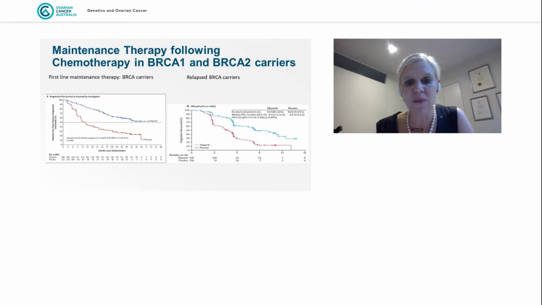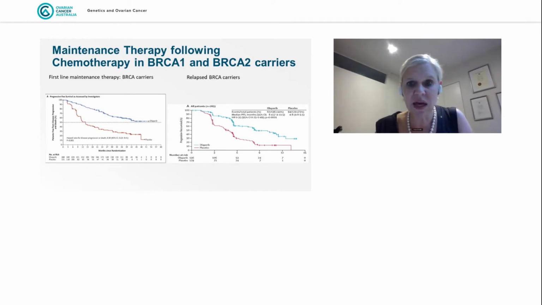And you can see very clearly that even within 3 months, these curves start to separate. There are fewer women whose tumours relapsed who received olaparib compared to those women who received a dummy drug. Similarly, in the relapse setting, these are women whose cancers unfortunately have returned.